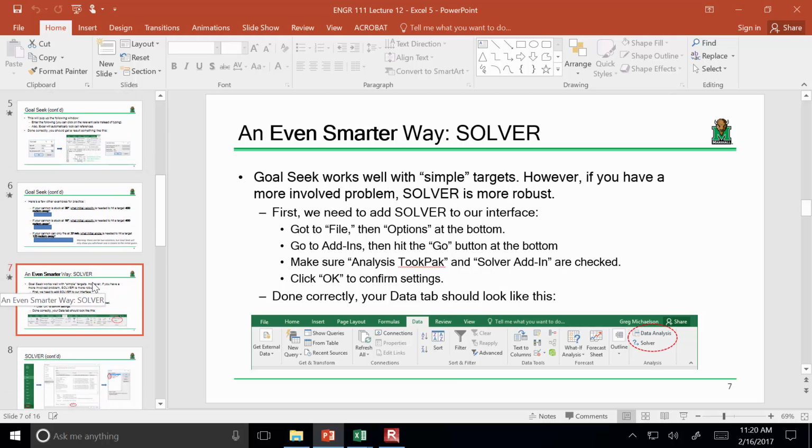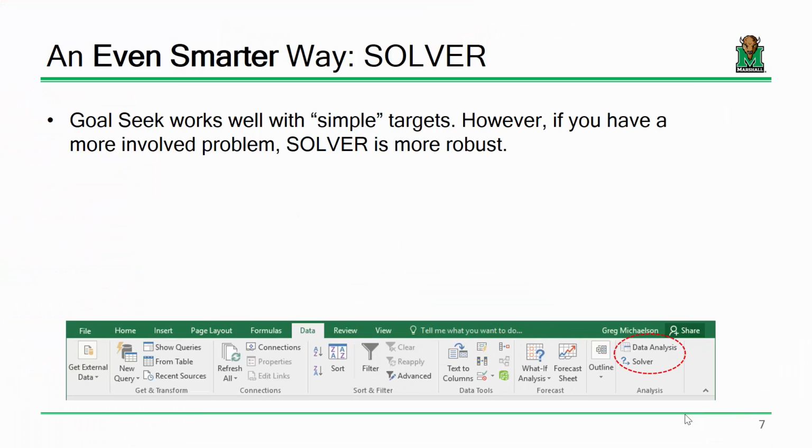Okay, so that's goal seek. There's an even better one though, even more powerful, and that is solver. Solver is more robust for a couple of different reasons. For one thing, you can control when it quits looking for the solution. Sometimes goal seek will quit before it actually should have quit. Like it'll get pretty close to the answer, but not exactly right on the answer.